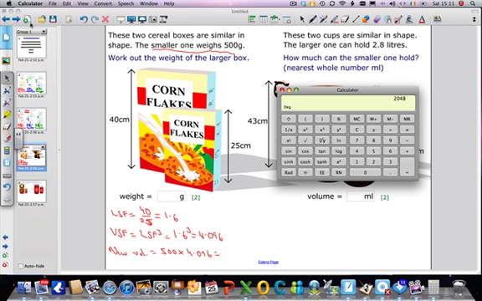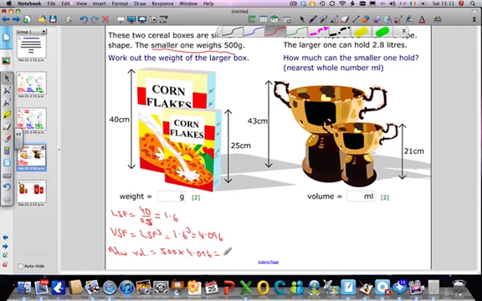So the new volume is going to be 2048. And that's the new weight, 2048 grams. So that's question one. Let's have a look at the second one.